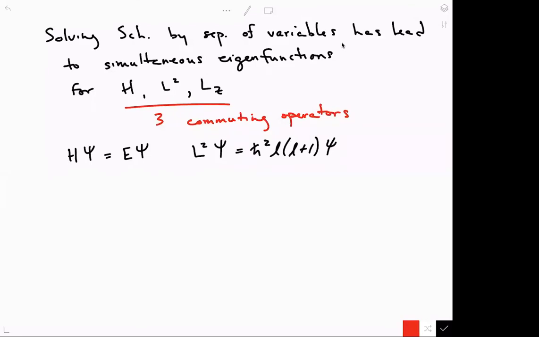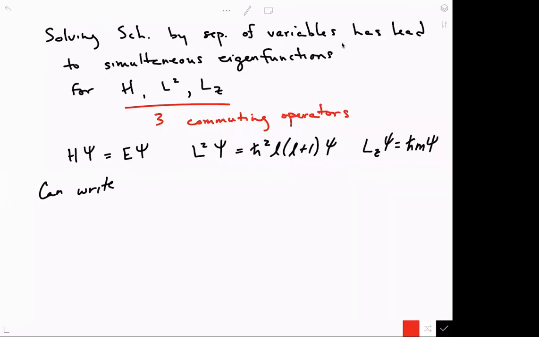So L squared and our quantum number L, and the Z component and our quantum number M. And here our eigenfunctions are the spatial component of our Schrodinger wave function, sorry.